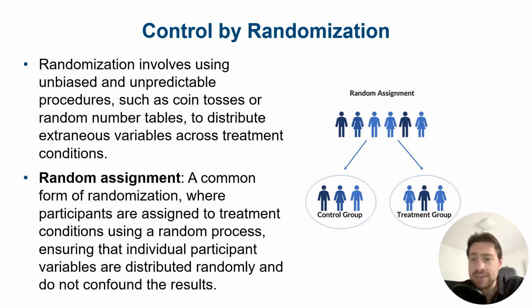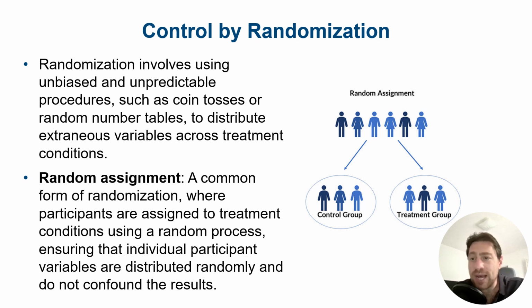So given the fact that it is often very difficult or impractical to control or try to match potentially dozens and dozens of different extraneous variables that may exist in your study, another approach is to leverage the powers of chance in order to have balance across the conditions of your study.